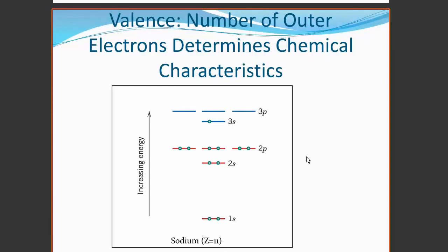In sodium, the valence number is dictated by the number of electrons in the outer shell, which is the n equals 3 shell, which contains 1 electron. Hence the valence number for sodium is 1.